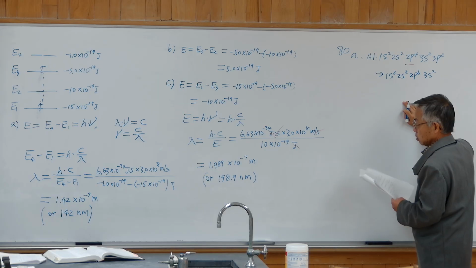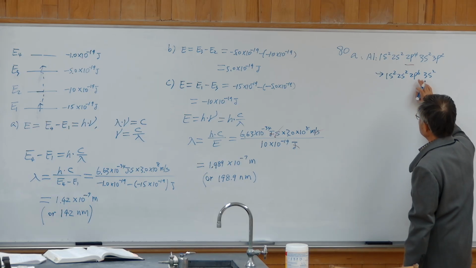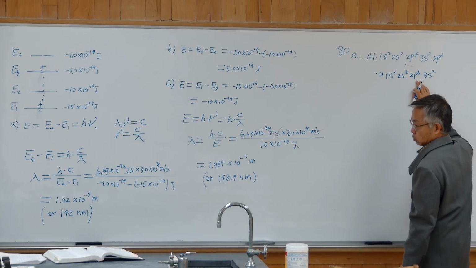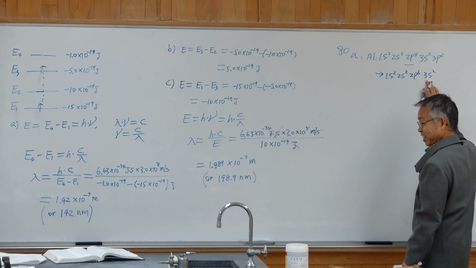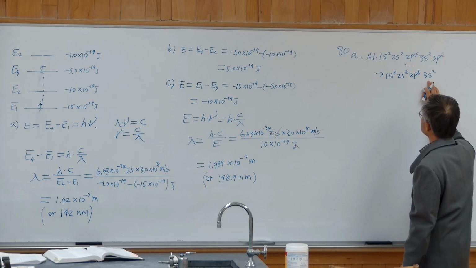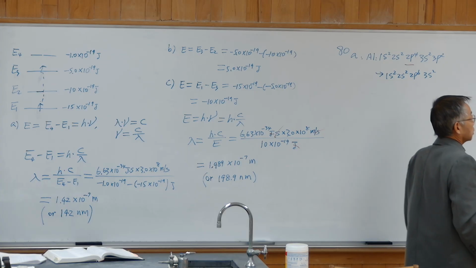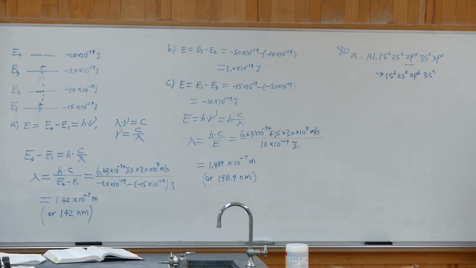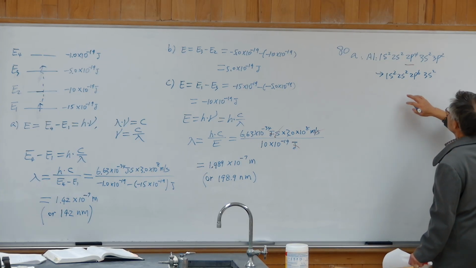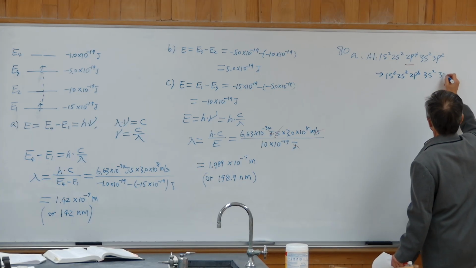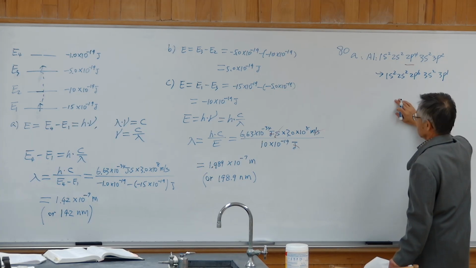So this example tells us we must put enough electrons on the subshell before you go to the next one. Sorry, aluminum actually has 13 electrons, so 3p1. We should still have 1.